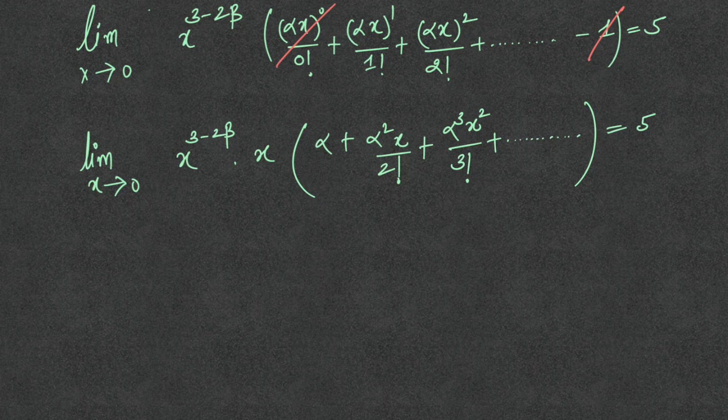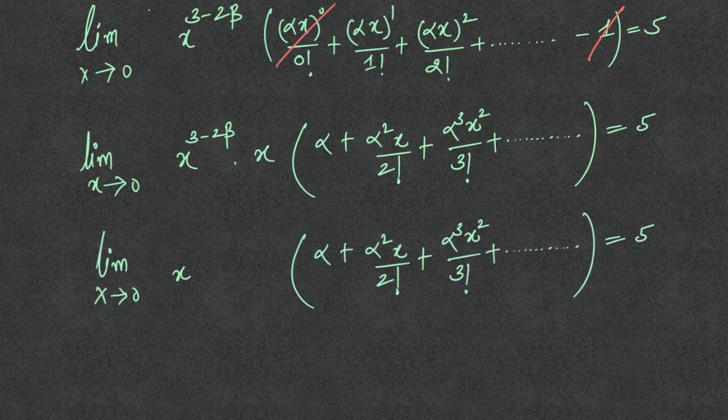In the next step, this x to the power 3 minus 2 beta into x becomes x to the power 4 minus 2 beta, and this bracket is same here.